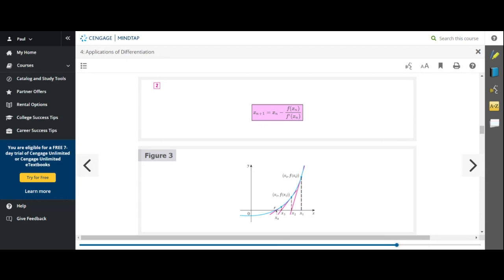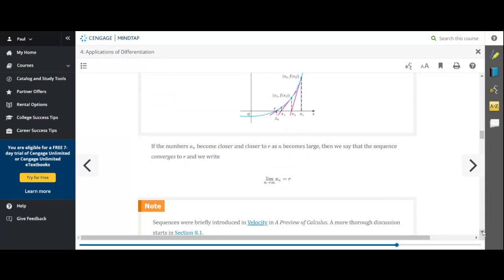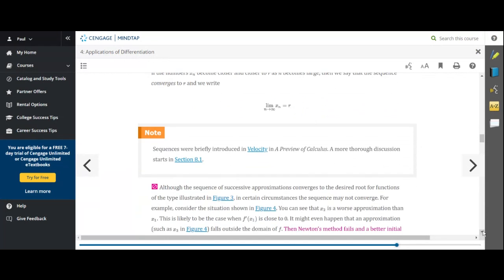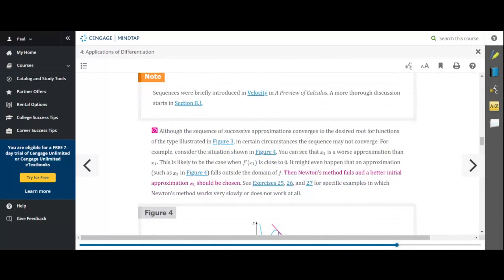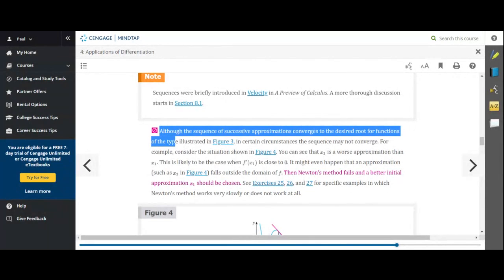So it's clear that if we keep doing this iterative process, as n gets large, these approximations x sub n are going to get closer and closer to the root. That's what Newton's method is. But there is a caution here that the book mentions.